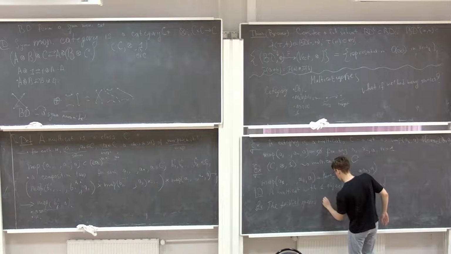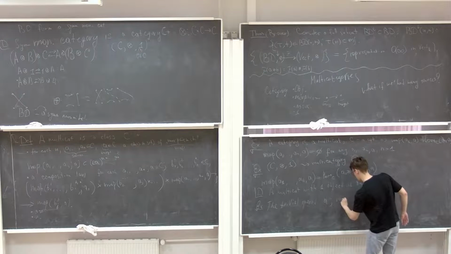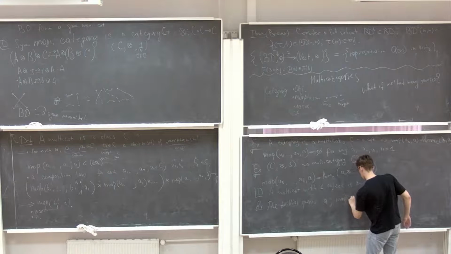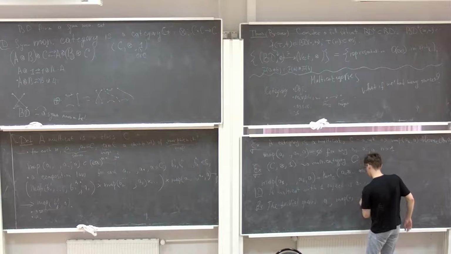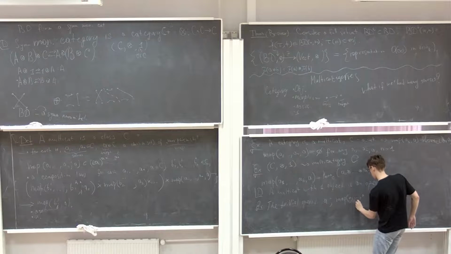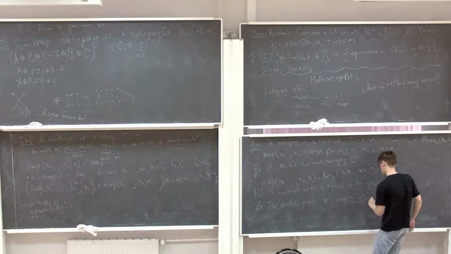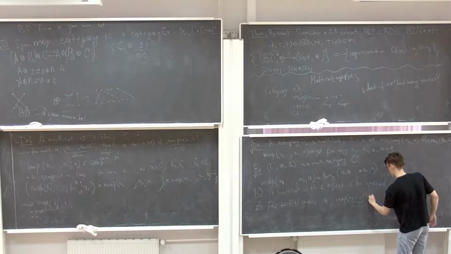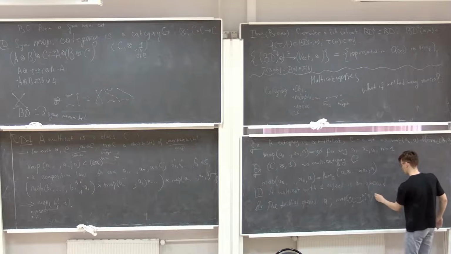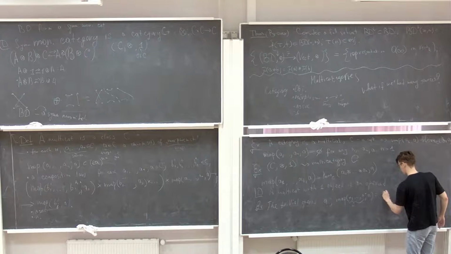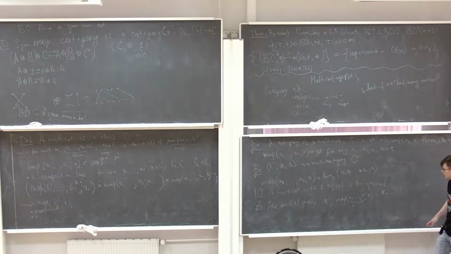Let me denote the object by A, and the set of maps whose source is A n times, and whose target is A, is just a singleton. So a set with just one element.